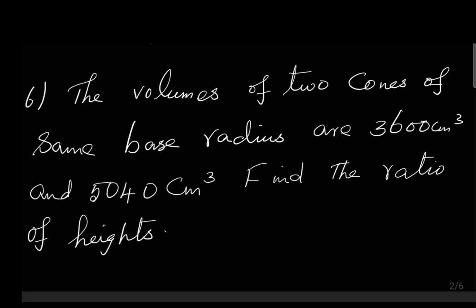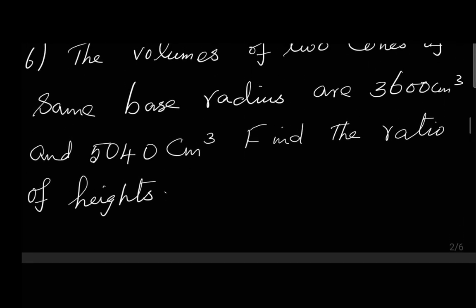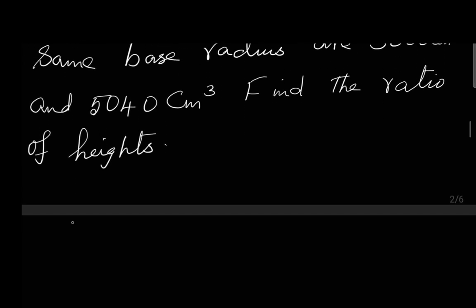See the sixth sum. The volumes of two cones of same base radius are 3600 centimeter cube and 5040 centimeter cube. Find the ratio of heights. You have two different cones.